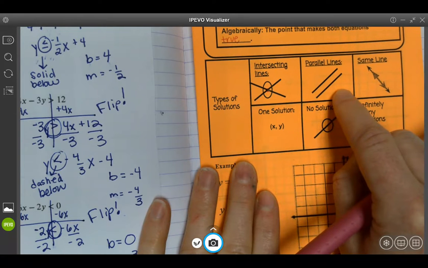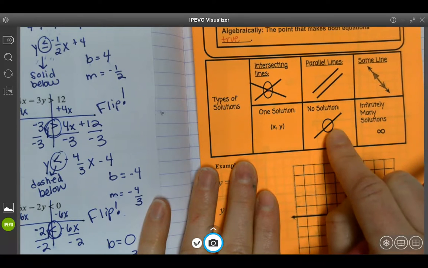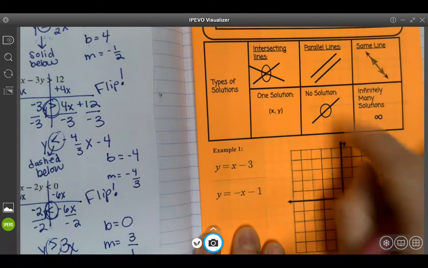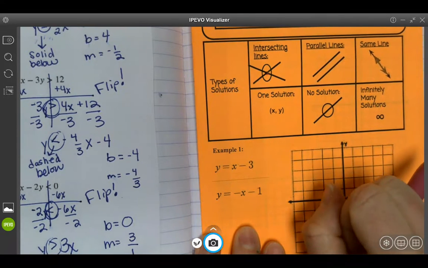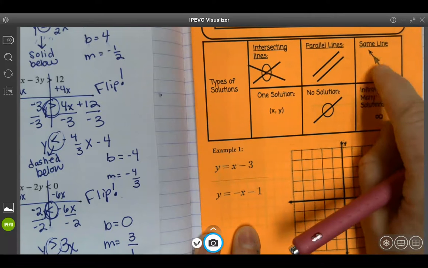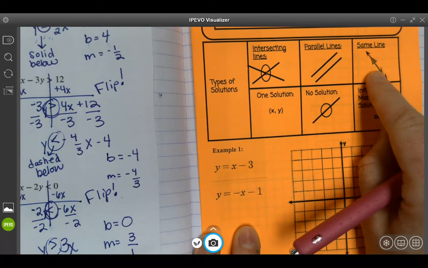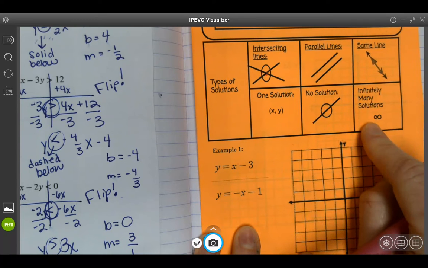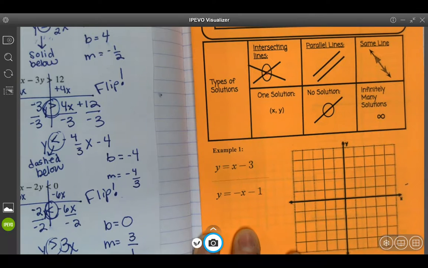Parallel lines never intersect. So we'll have no solution there. You can write it 0 with a slash through it, or you can write out no solution. If your system is the same line, same exact line, one on top of the other, then you have infinitely many solutions because everywhere on the line is where they intersect because they're the same.